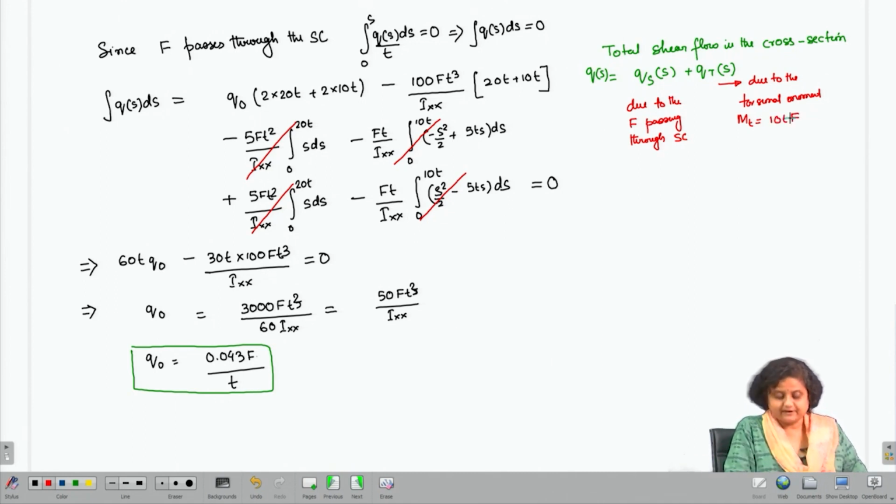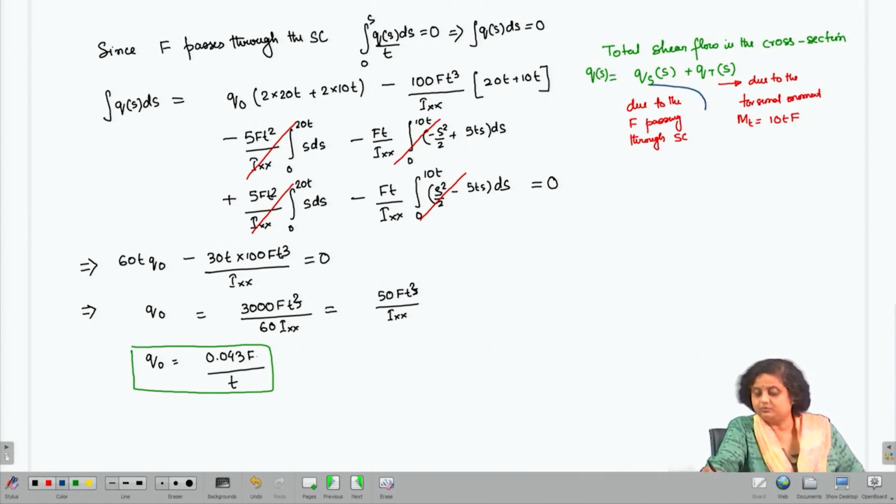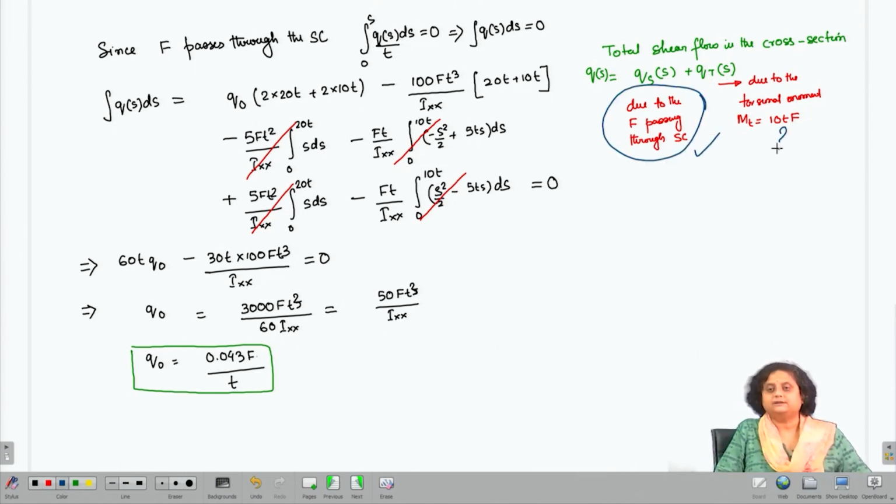So, we have figured out this portion. This is the portion that is left. Now, we can very easily find out the shear flow in a closed thin wall cross section due to a torsional moment M. Now, how do we find out?